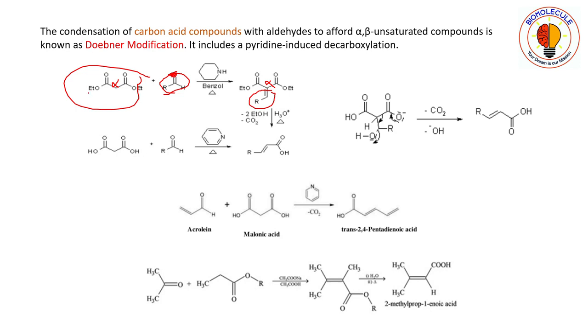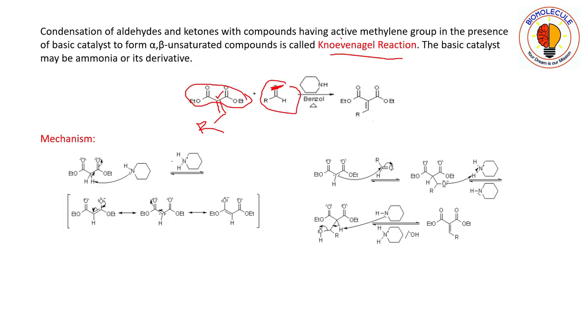Now there are some modifications in the Knoevenagel condensation. Previously, the active methylene groups were the ester groups. See here, this is the ester group. These are the active methylene groups in Knoevenagel reaction.